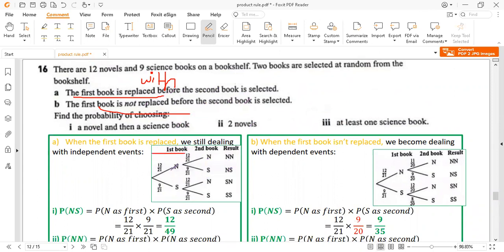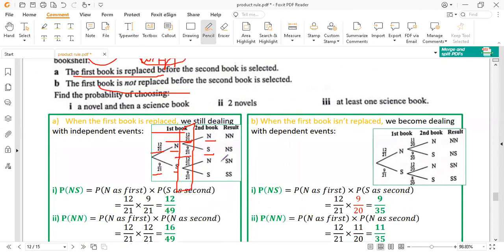So the first book could be a novel or a science book from 21. We have the same number of books as novels and science for the next time, because we replaced the first book. Nothing changed. Also for the second time, the second book could be a novel or science from 21.